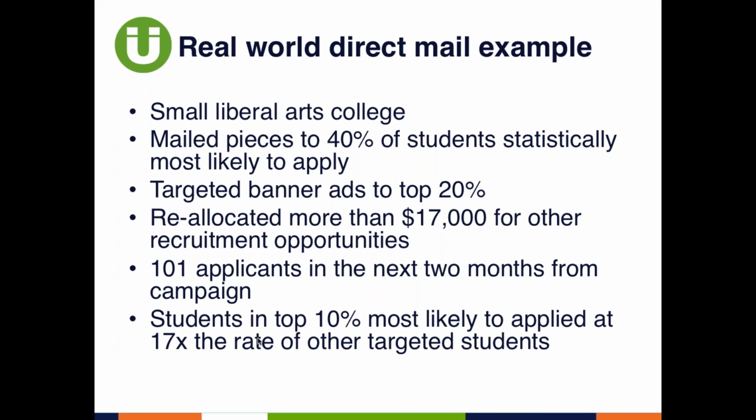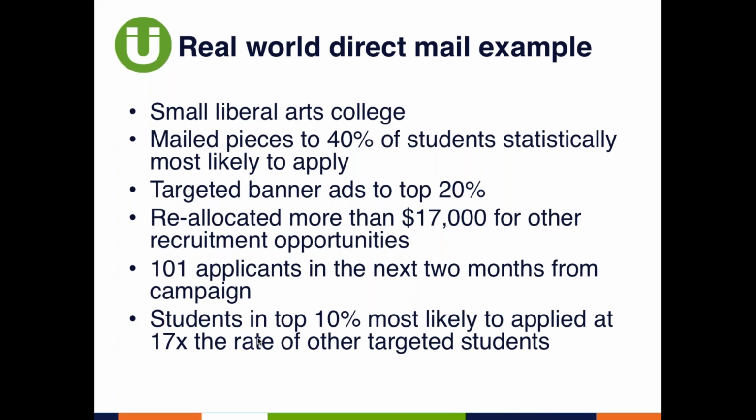From that campaign, they got 101 applicants in the next 2 months. We mailed to the top 40%, but that top 10% applied at 17 times the rate of the other targeted students. So they could have even been a little bit more aggressive and saved even more money if they just targeted that top 10%.